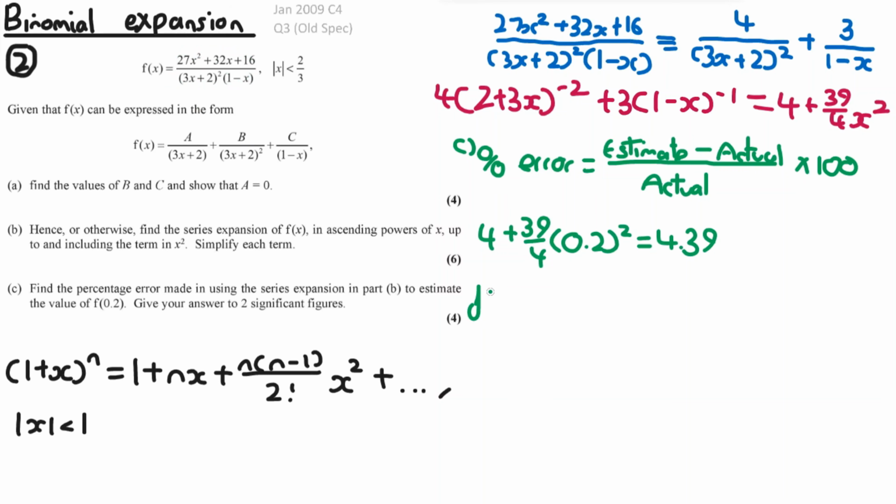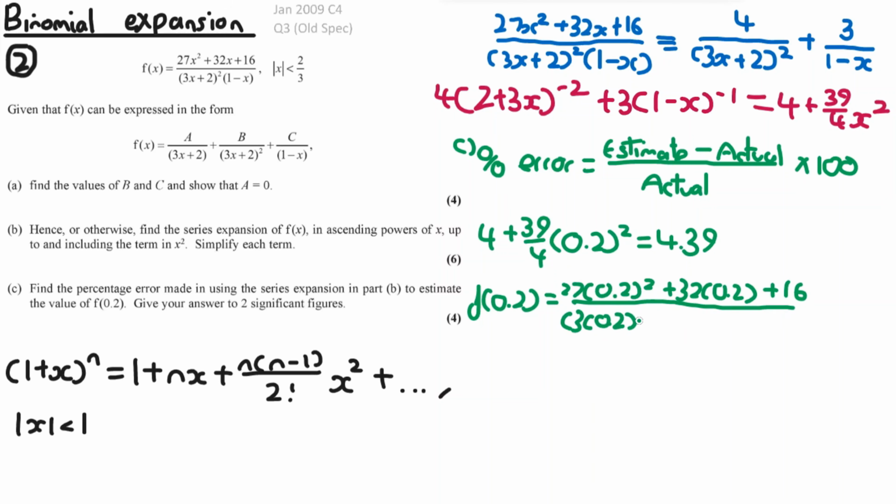So it's going to actually be f of 0.2, which is equal to 27 of 0.2 squared + 32 of 0.2 + 16, over 3 of 0.2 + 2 squared, and then 1 - 0.2, and if you put all of this into a calculator, you get our value to 4 decimal places of 4.3417.